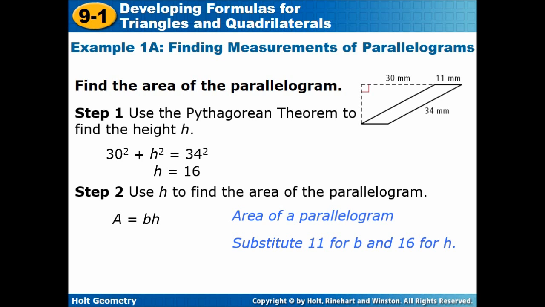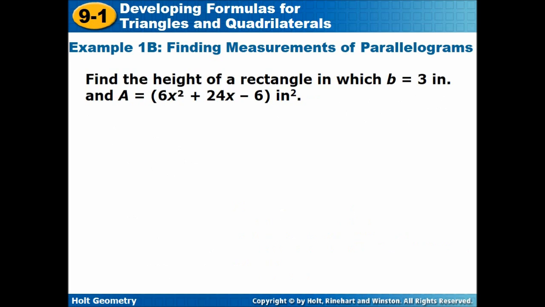So we're going to substitute 11 for B and 16 for H, and we get that the area of this parallelogram is 176 millimeters squared. So it's pretty simple to do this. But to do it, you had to create your little right triangle on the side of this parallelogram, use the Pythagorean theorem to find the height, and then you could find the area of the parallelogram.